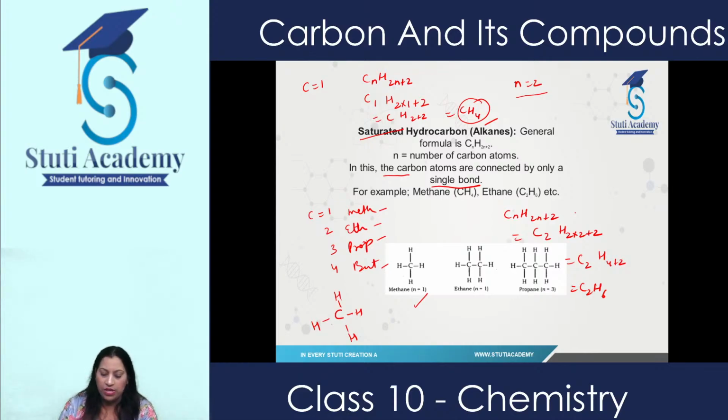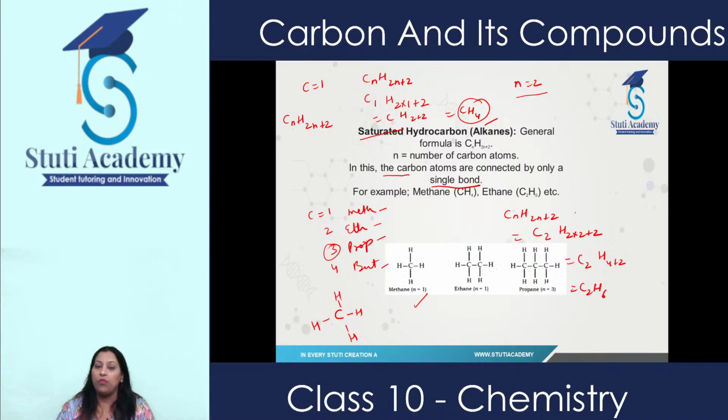Easy. Now, how can we write formulas of these hydrocarbons? It is mentioned here. It depends on the number of carbon atoms. Now, let's move on to carbon atom 3. Who will tell what is the formula for 3 carbon atoms according to the formula? Solve it along with me.